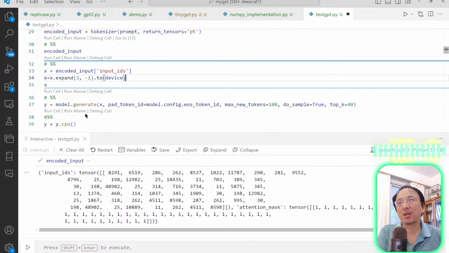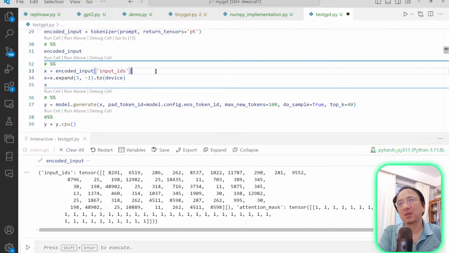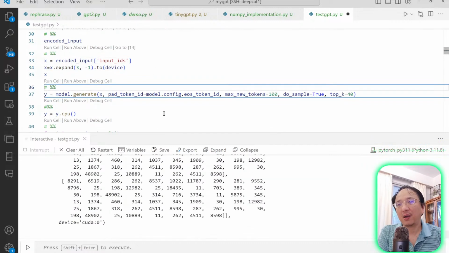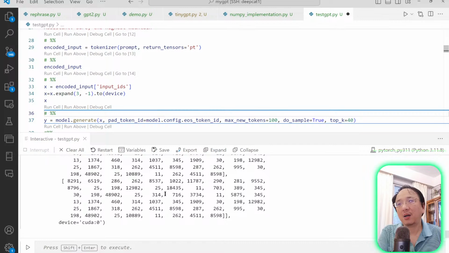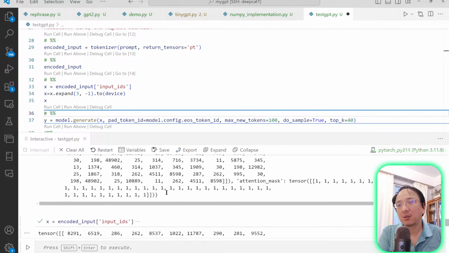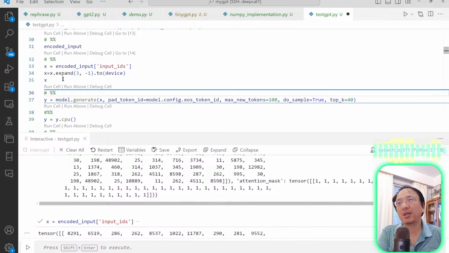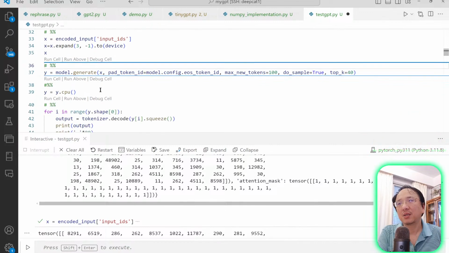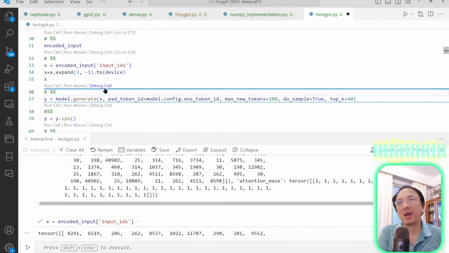Before we actually go to the model generate, let's first see, we can actually trace back this.